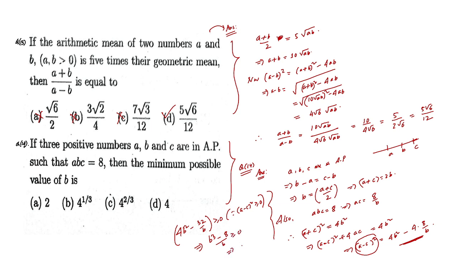All of A, B, C are positive, so multiply on both sides: B cube minus 8 is greater than or equal to 0. So B is greater than or equal to 8 to the power 1/3, that means 2. So the minimum possible value of B is 2. All other options are false. Okay, so till now we have done 14 important problems from inequality.